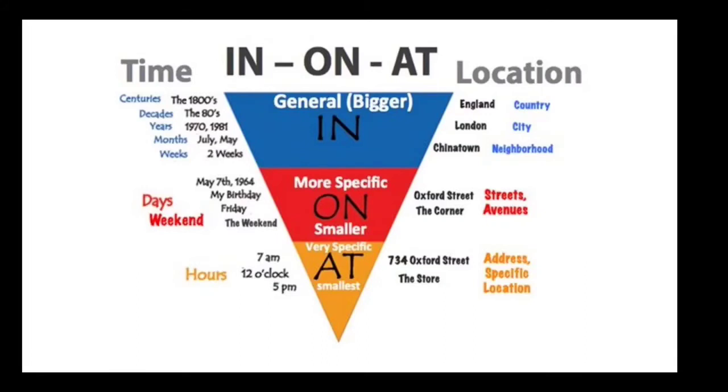Okay, now we move to prepositions of place. When English speakers refer to a place, they use in for the largest or most general places, like country, city, and neighborhood. And for more specific places, like certain streets or avenues, they use the preposition on.